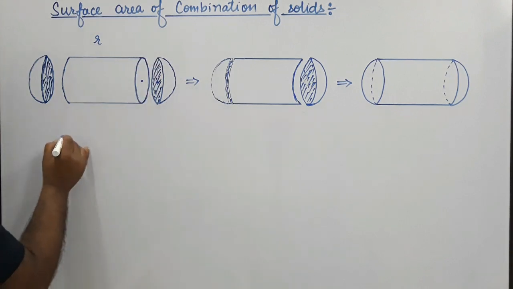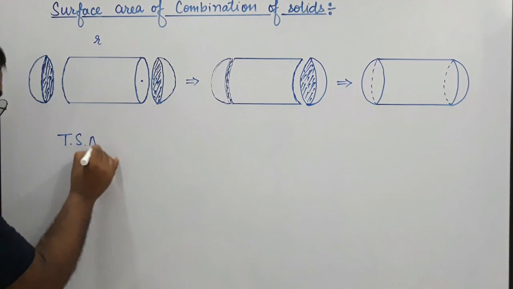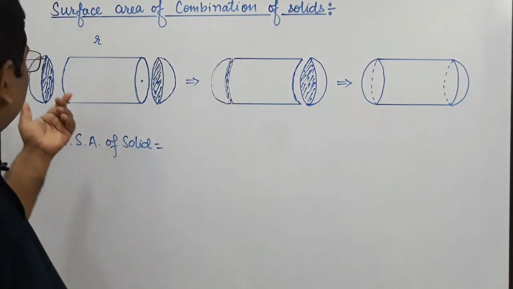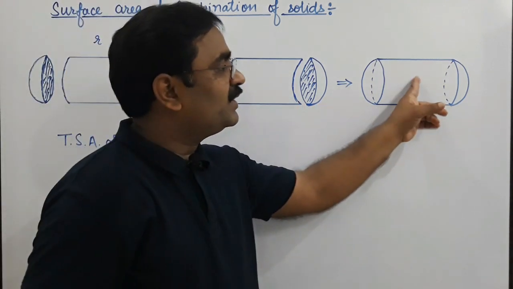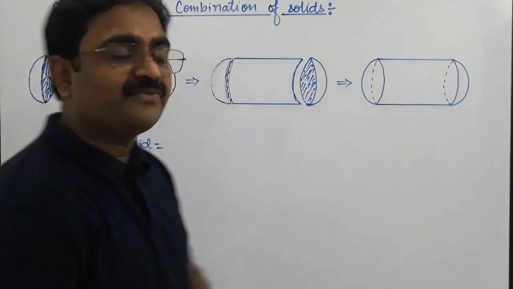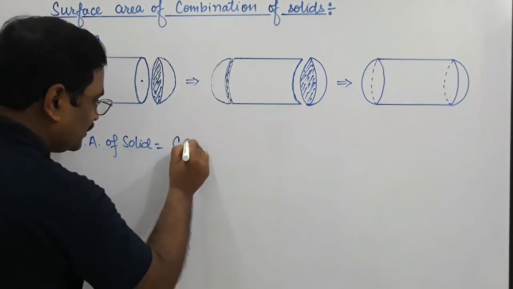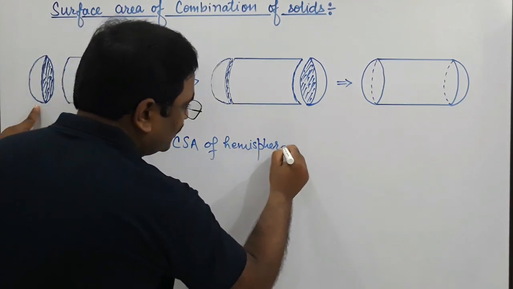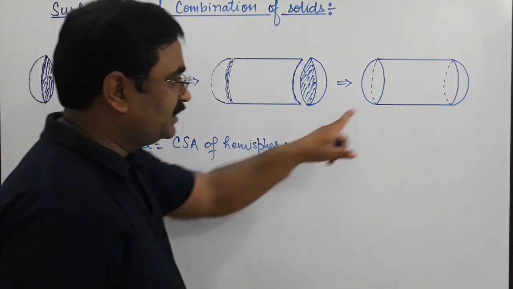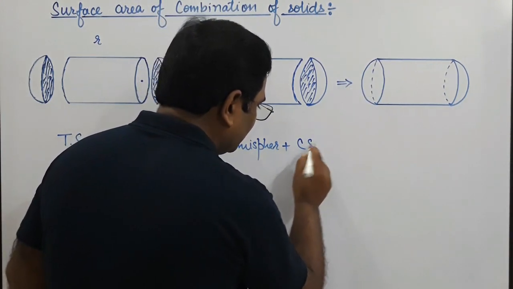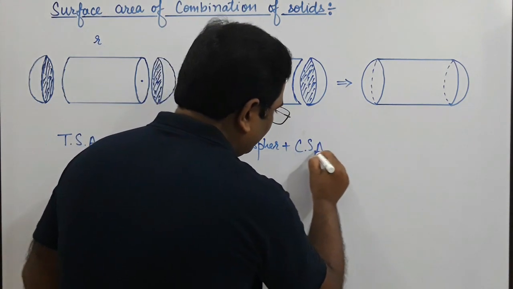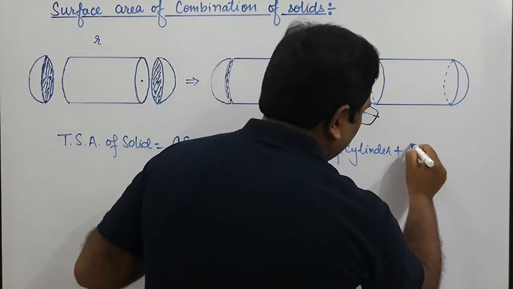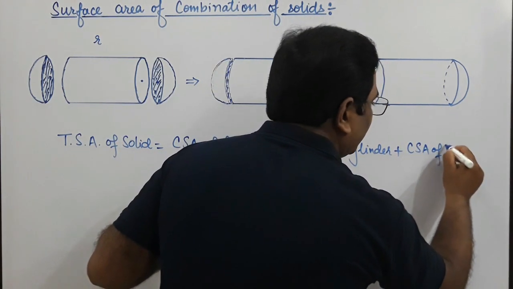Radius is r, and h is the height of the cylinder. Okay, so to find the total surface area of this container, total surface area of the solid obtained is equal to, as you know that this shape consists of one cylinder and 2 hemispheres, the curved surface area of this hemisphere plus curved surface area of this cylinder plus curved surface area of the other hemisphere, the second hemisphere.